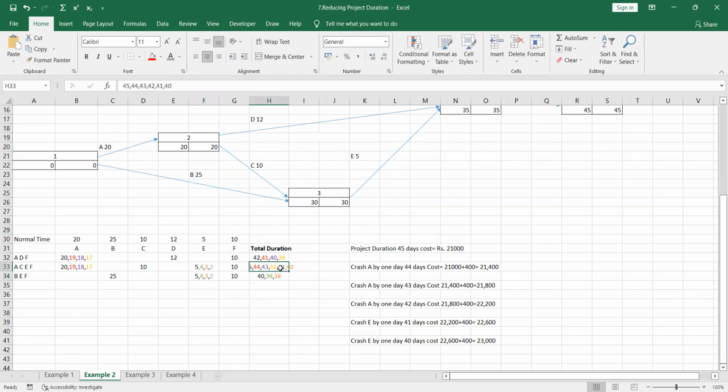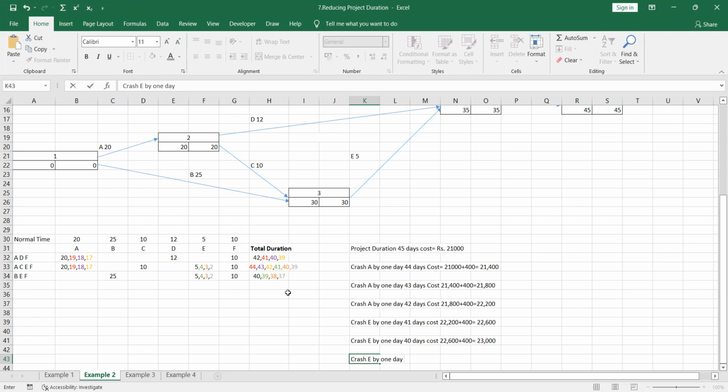So crashing E by 1 more days means now it is 39 here. And for this, it is 37 here. So by seeing this, crash E by 1 day.